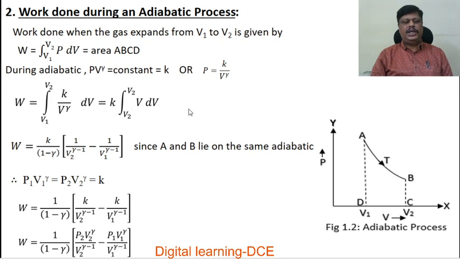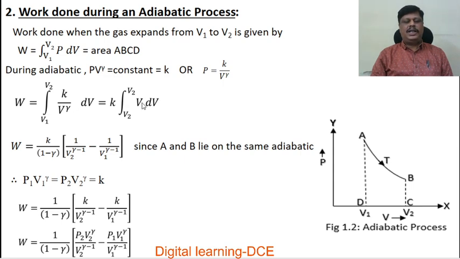It is not V dV, it is V to the power of minus gamma dV, because it is 1 by V to the power of gamma.